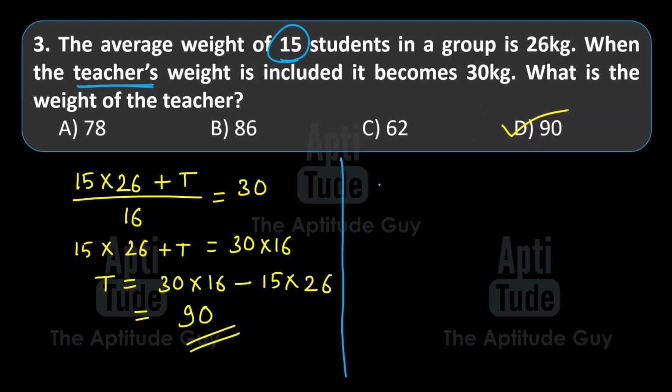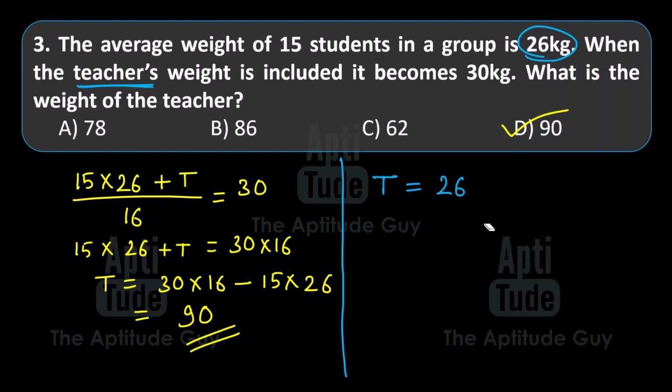Okay, whenever a new person joins in, suppose in this case it's the teacher, the new person first always has to contribute the old average. The old average is 26, right? Whether he has that much or not, that is out of the concern. First, you have to contribute the old average, that is 26. Okay. And then the teacher saw that, dude, I have more to give. I can give some more.